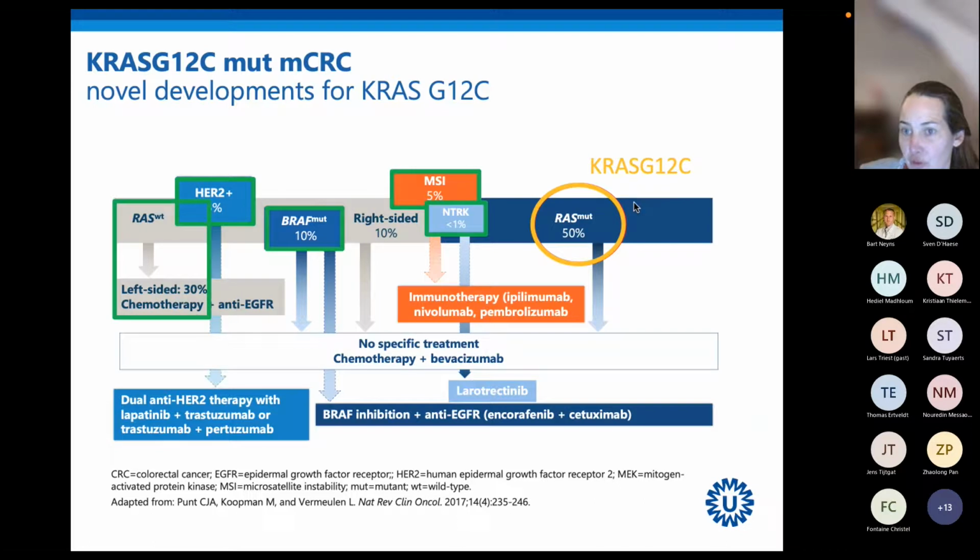And for specifically a KRAS G12C mutation, for this group, there's very promising new drugs coming up. For the other RAS mutations, many trials are going on because it's such a big group, but no clear target option yet.